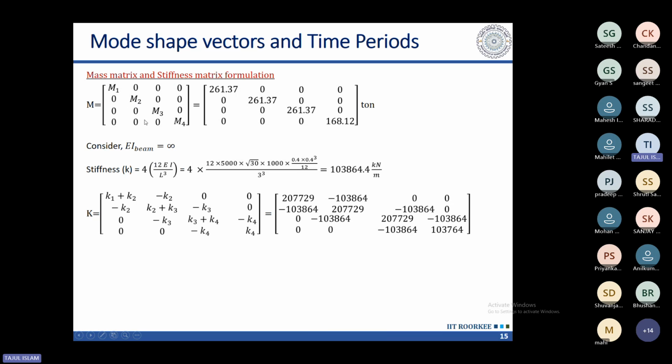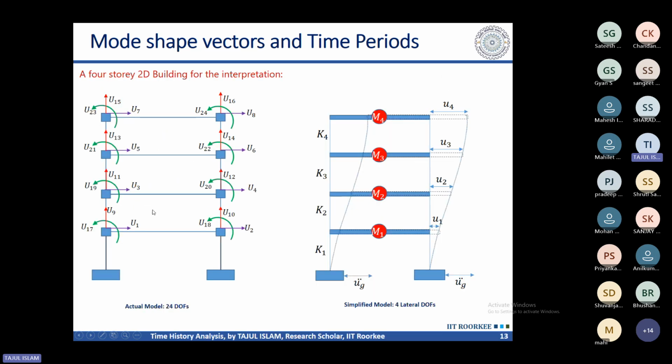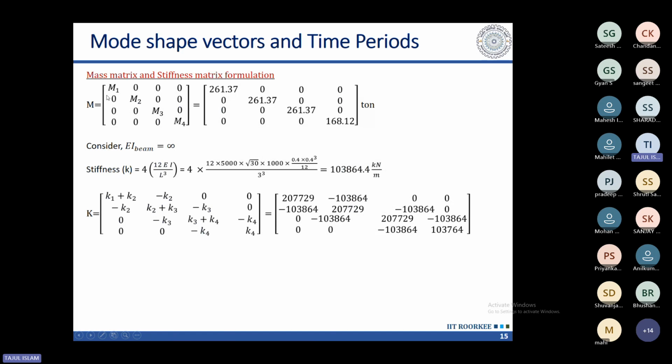All the off-diagonal terms will be available when you consider your actual structure. And again, this will not be simply applying the floor mass. Floor mass here we have applied because we have only 1 degree of freedom. But if you have multiple degrees of freedom, then the quantity will be different, and that you have to calculate. And that is called the consistent mass matrix. So we will also discuss the consistent mass matrix. If you're interested, you can refer to that upcoming finite element course.